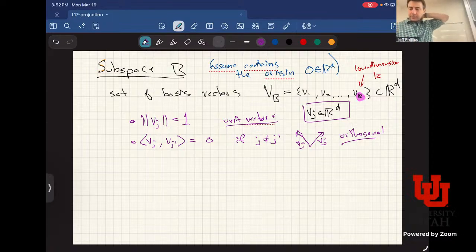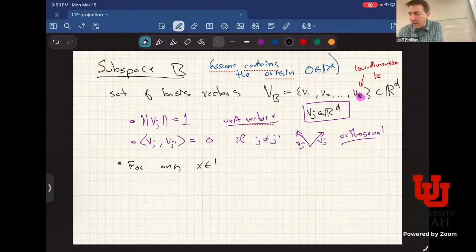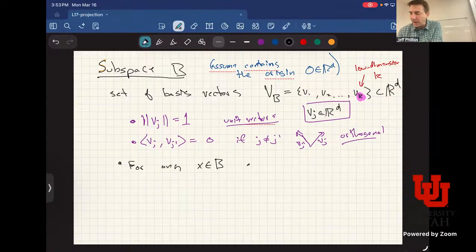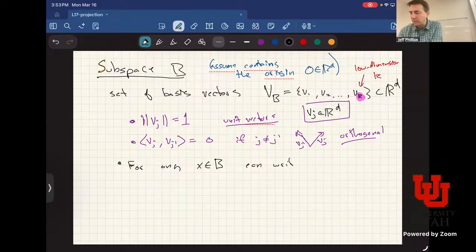And then, what this property is going to mean is that for any point x in B, I will be able to write x is equal to the sum from j equals 1 up to k of some alpha j times Vj, where alpha j is a scalar here.